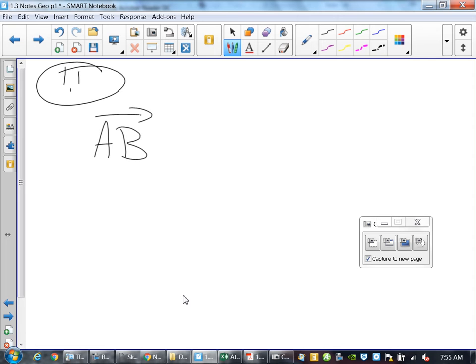A has to be the endpoint because A is the first letter. Now, you just put a dot, label it A. It doesn't matter where you draw the arrow from then. It does not matter what direction you go, as long as you label the other spot B and put an arrow through it. That's all you have to be able to do.